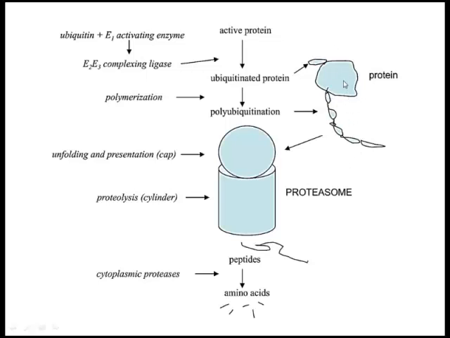In both cases, the protein is now marked for degradation, which occurs in proteasomes. The outcome of the action of proteasomes is cleaving or degradation of the protein into peptides and then into amino acids.